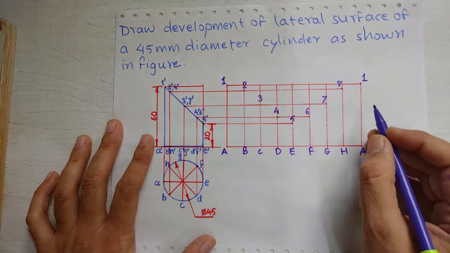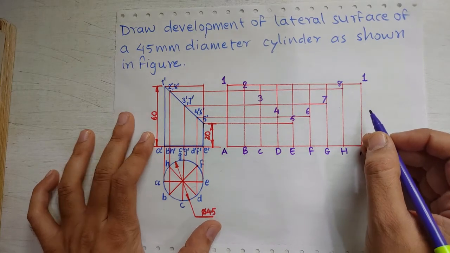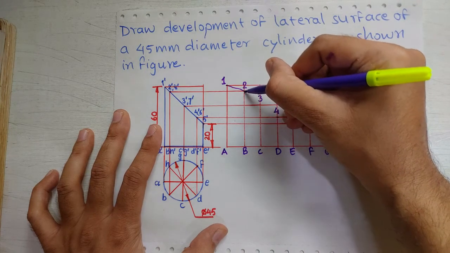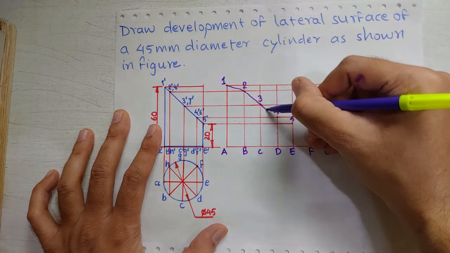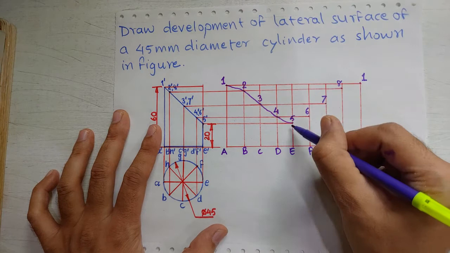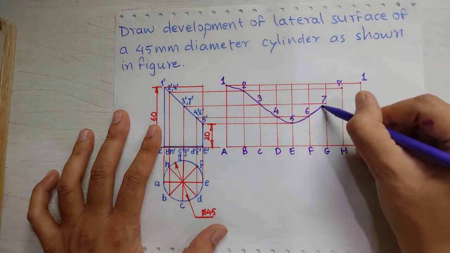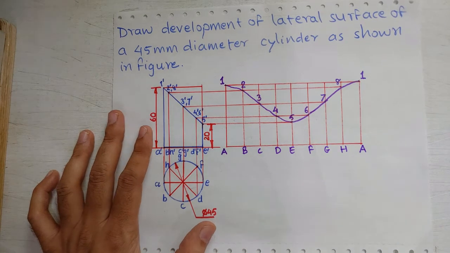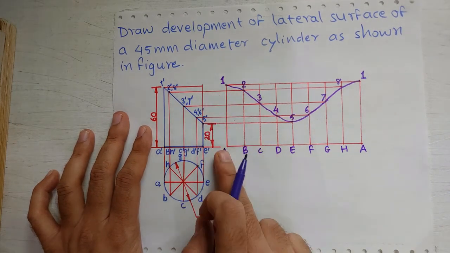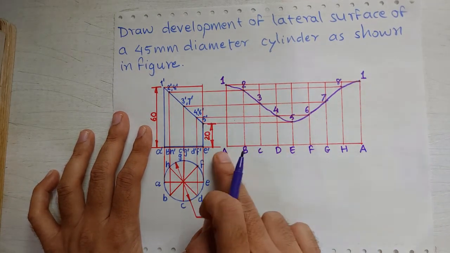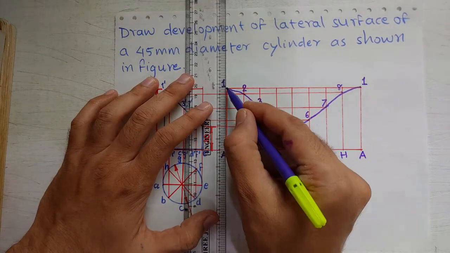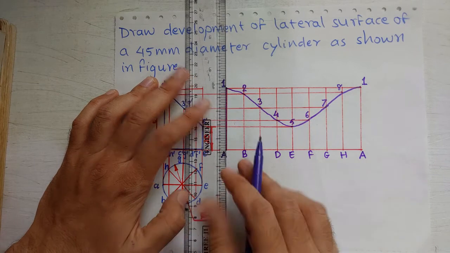Now we have to just connect these points by a freehand curve. If I connect it, I will get the shape like this. The remaining portion should also be made with a continuous thick line, so I will make it with a continuous thick line now.